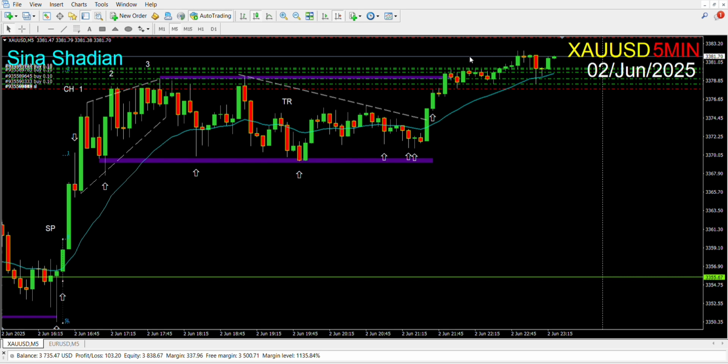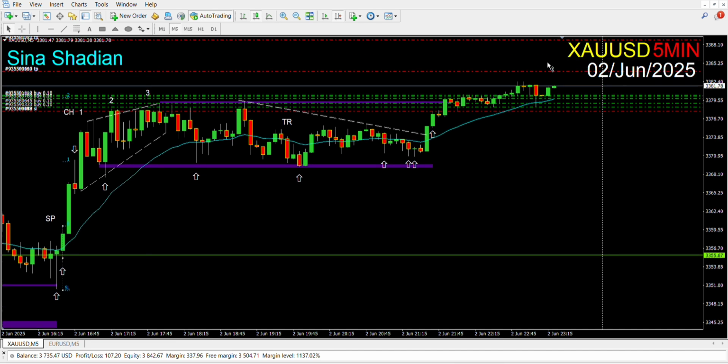And when the market breaks above this high with this candle, I shifted my stop loss from here to this low. The market goes up, comes back down, can't reach my stop loss, and we are safe. And if the market again breaks above this, I hope the market takes my profit and closes my position.